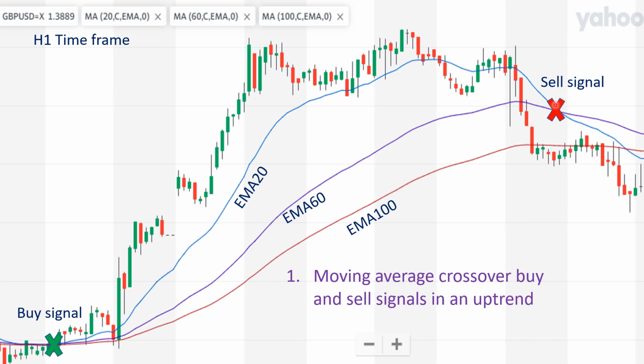If the price stays constantly above the EMA 100 or below the EMA 100, then you know that a strong price trend is in force, and the trade should be left to run.